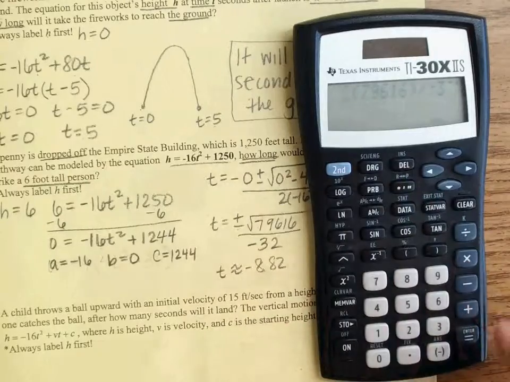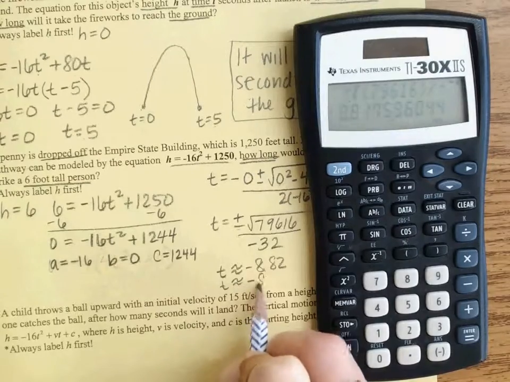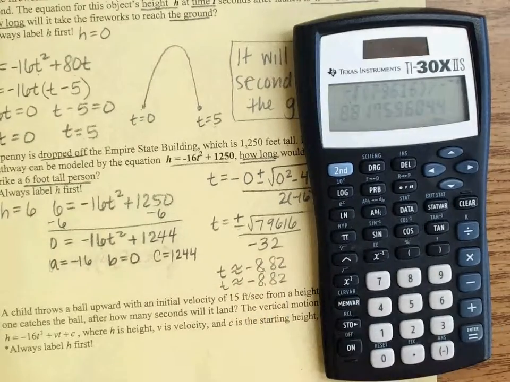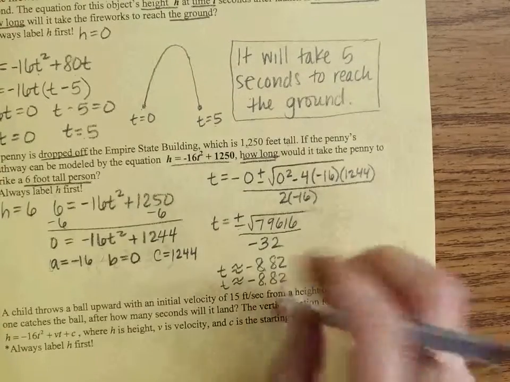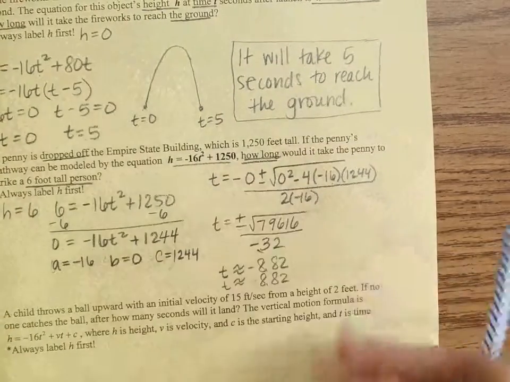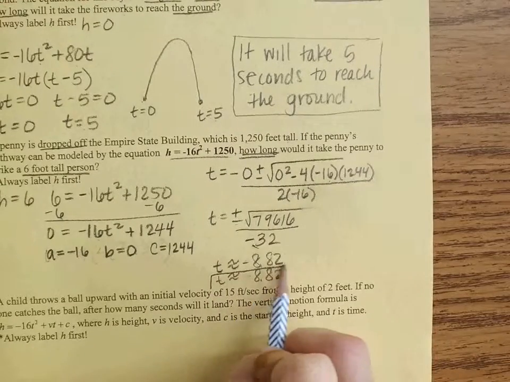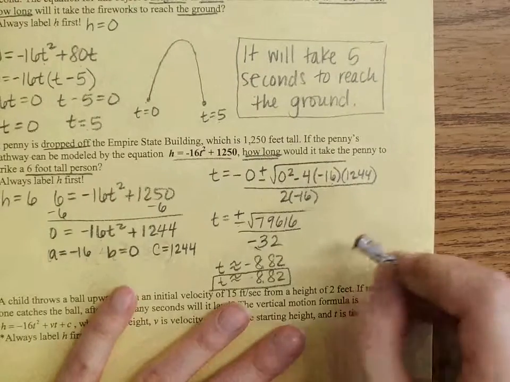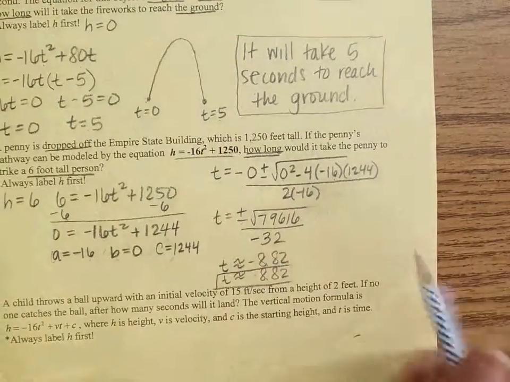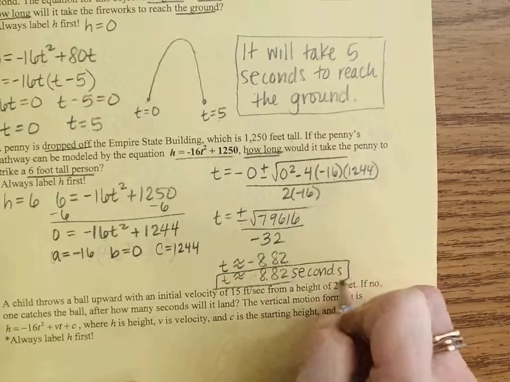So I'm going to insert that negative, and I get a positive value, rounding to the hundredths. Now, my negative value, we can't have a negative time, so I know my time is 8.82 seconds. Okay? Write that in there.